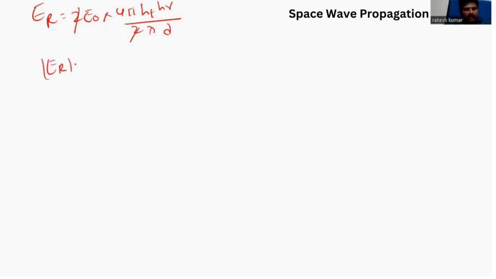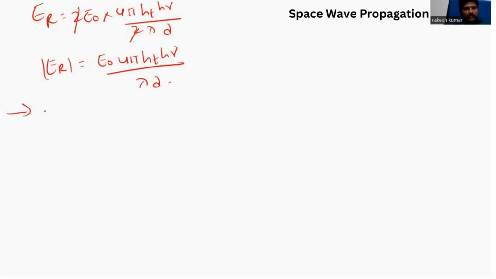Therefore, what is the value of ER? ER is equal to 2 E naught into 4 pi ht hr by 2 lambda d. 2 gets cancelled. Okay, so therefore, what is the value of mod ER? Mod ER is equal to E naught into 4 pi ht hr by lambda d.